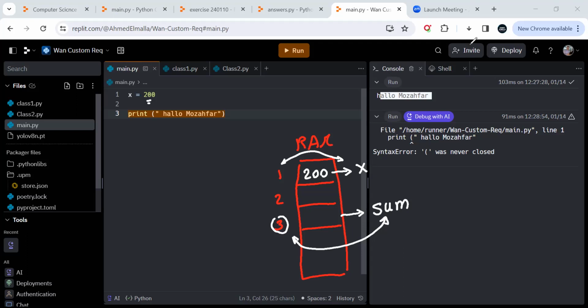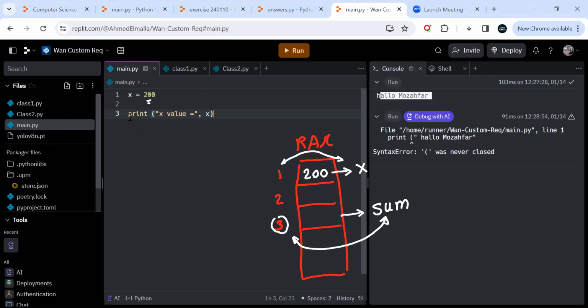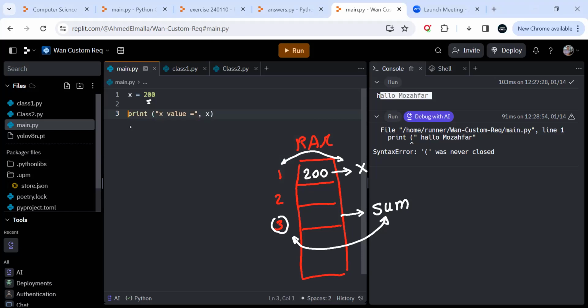Okay, let me modify here and say X value equals, and then I put X like that. What I'm doing on that line is telling the computer to print a line that contains two parts.